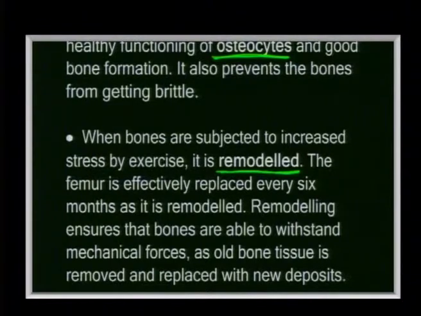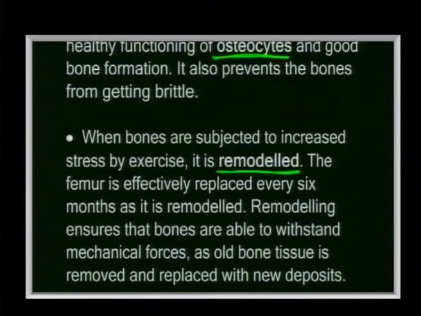And that's what I was talking about to you earlier, that you are able to quite literally compact the bone and train it to be able to do what it is you need, especially when you do cage fighting or any kind of contact type thing like that. You basically remodel the bone, okay, and it ensures that the bones are able to withstand mechanical forces, such as the old tissues removed and new deposits are put in.